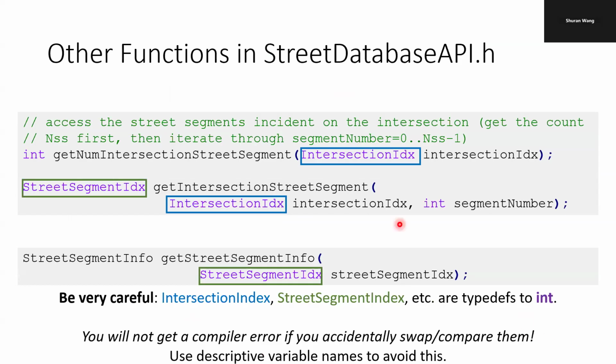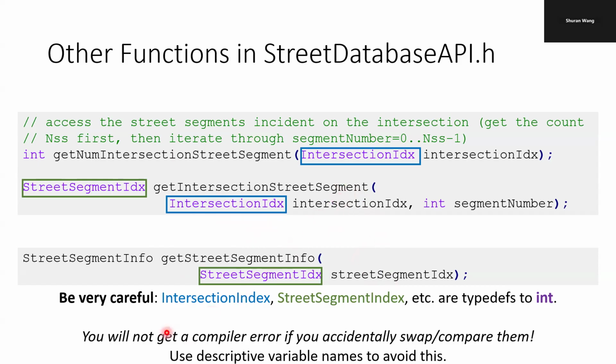Just be careful that the intersection index, street segment index, and all other indexes are typedefs to int. So your compiler will view them as int. The compiler doesn't understand that there is a type change between them. So even if you accidentally swapped them, your compiler is not going to give you any error. The compiler is going to assume that you're doing the right thing.